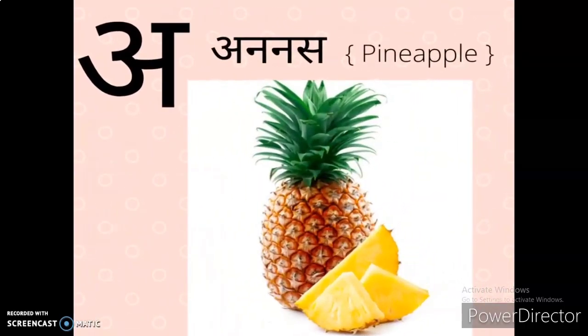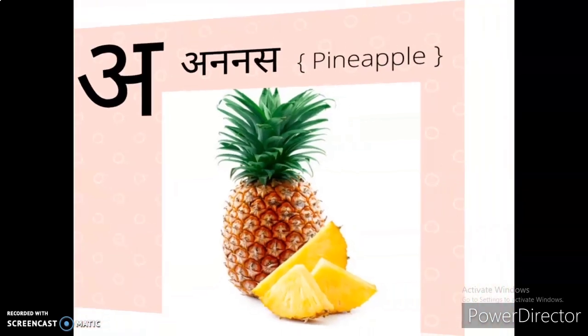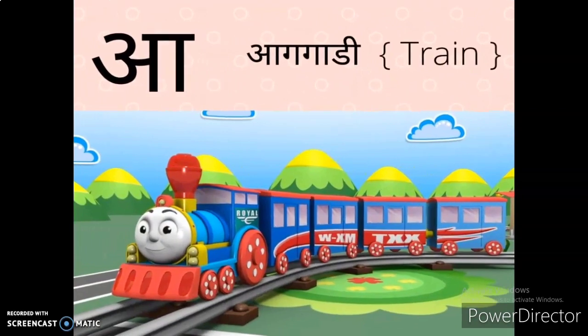Let's read all the letters one more time before we wind up the class. You have to repeat all the letters after me just the way I pronounce the word and the letter. Let's begin. A, ananas. A, agagadi.